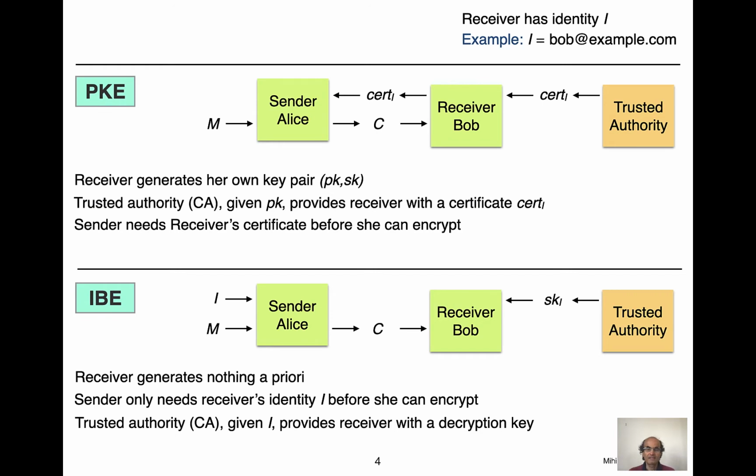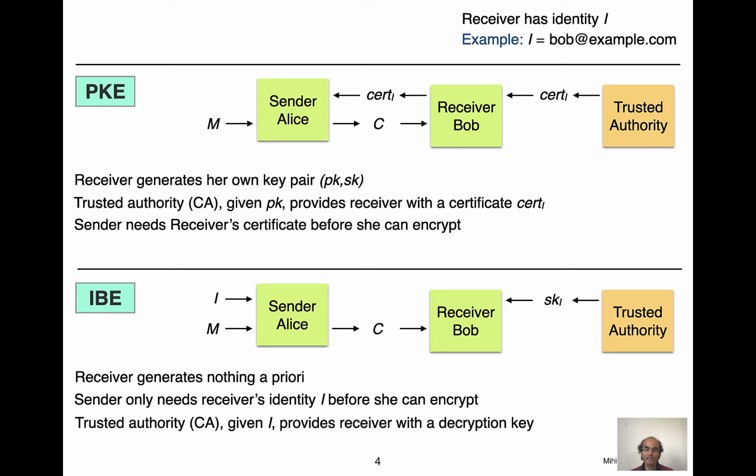So let's step back to recall how the public key infrastructure setting works. Here, when Alice wants to send an encrypted message to Bob, she first needs Bob's certificate.